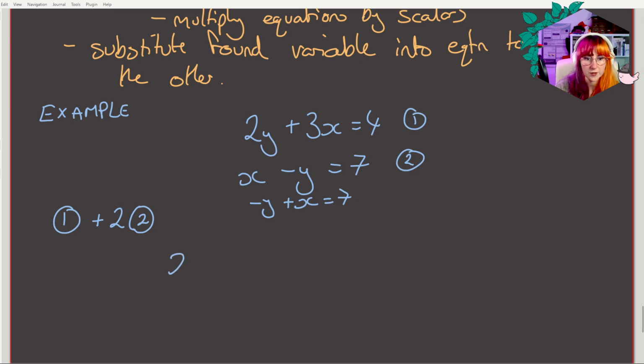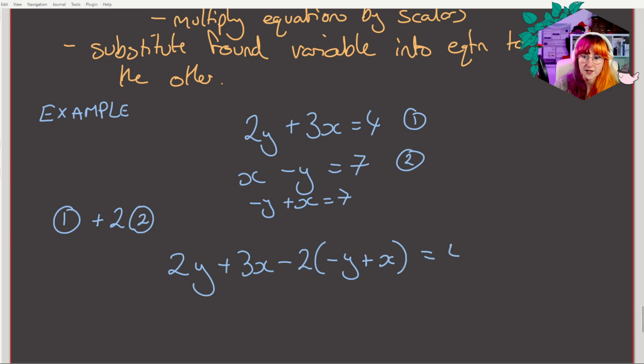So I take equation 1 and I do 2y plus 3x on the left-hand side, minus 2 lots of the left-hand side of equation 2, so minus y plus x, I suppose I didn't really need to do that, on this side 4 plus 2 lots of the right-hand side, 7.